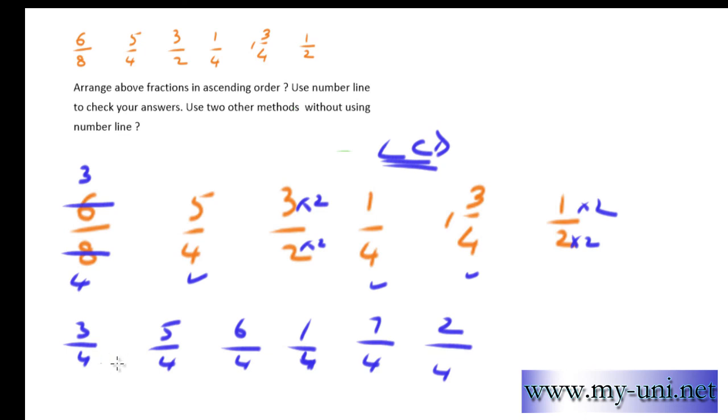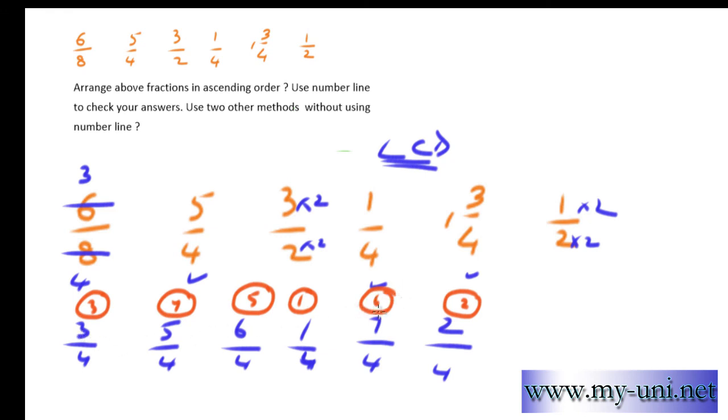All these denominators are 4 now. So this is the smallest one, number 1. The second one would be 2. This is the second one. This is the third one. This is the fourth one. This is fifth on line, and this is sixth on line.